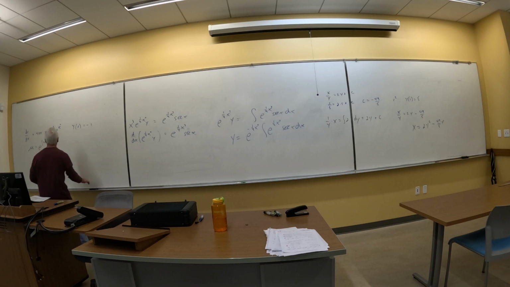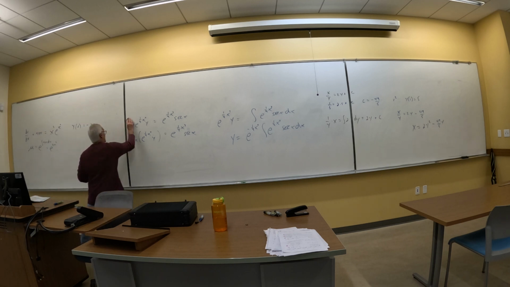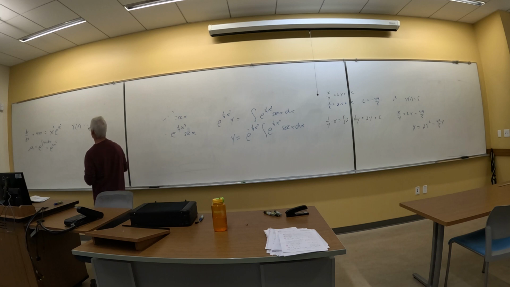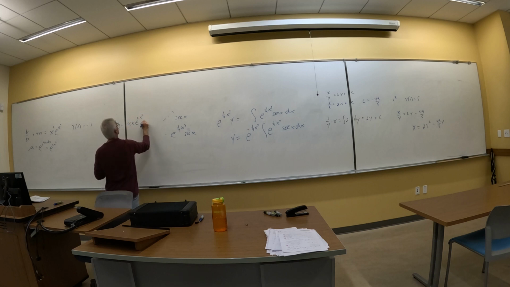Okay. So now, when I multiply through, I'm now going to have e to the 2x squared dy dx plus 4x e to the 2x squared y.